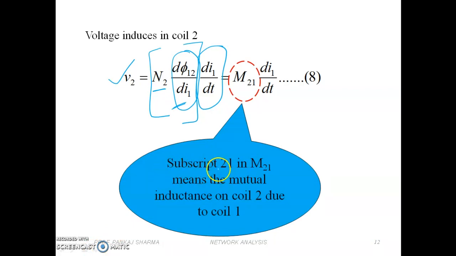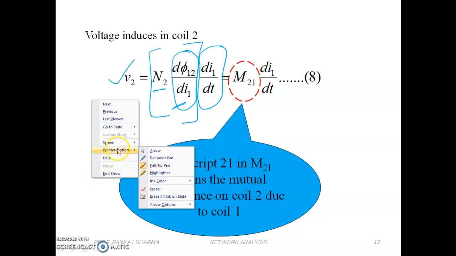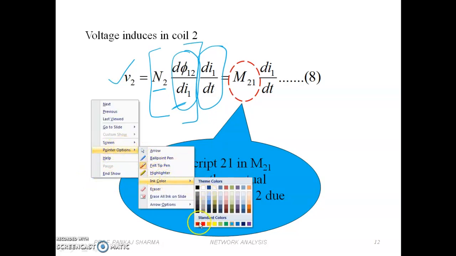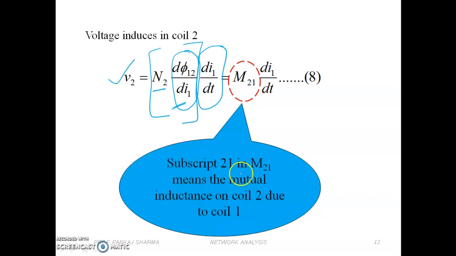The subscript 21 in M21 means the mutual inductance on coil 2 because of coil number 1.